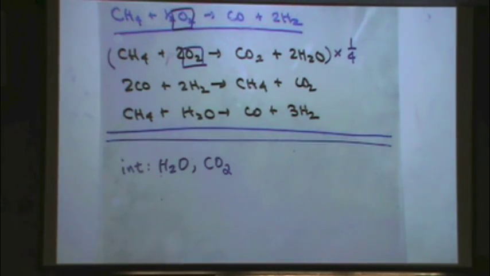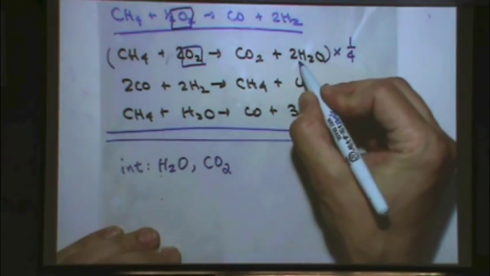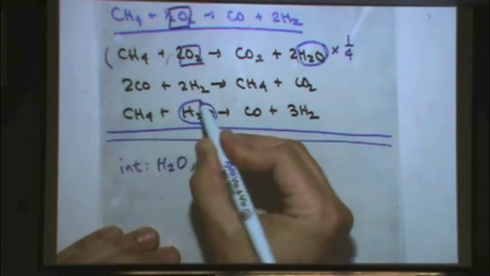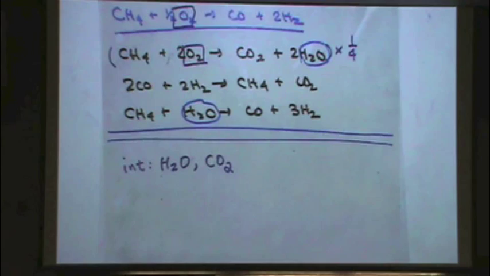Let's make a different color for H2O, or a different shape. I'll do an oval blue for H2O. I need H2O to cancel. My first reaction already has a multiplier of 1/4, so I'm not going to mess with my first reaction. I know my first reaction is correct, but I can mess with the third one.